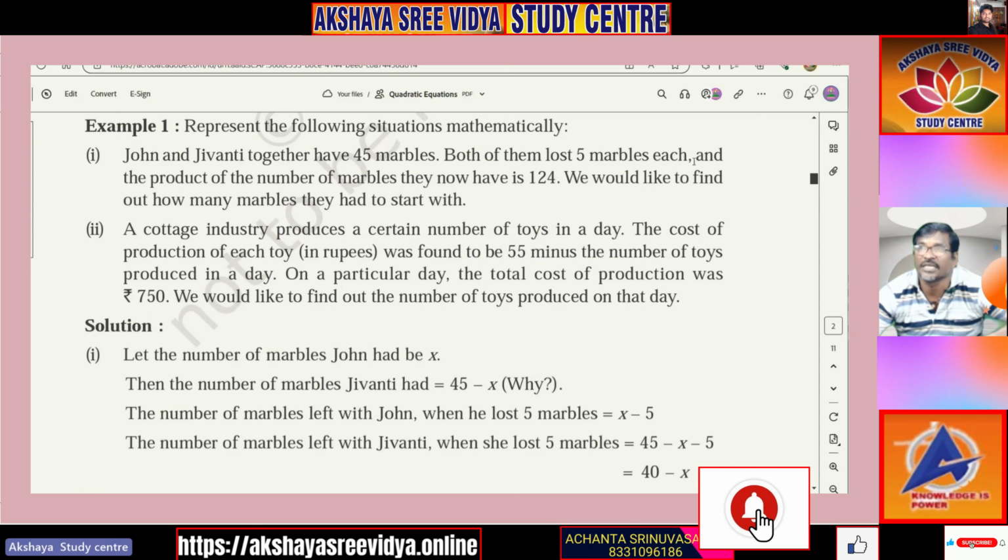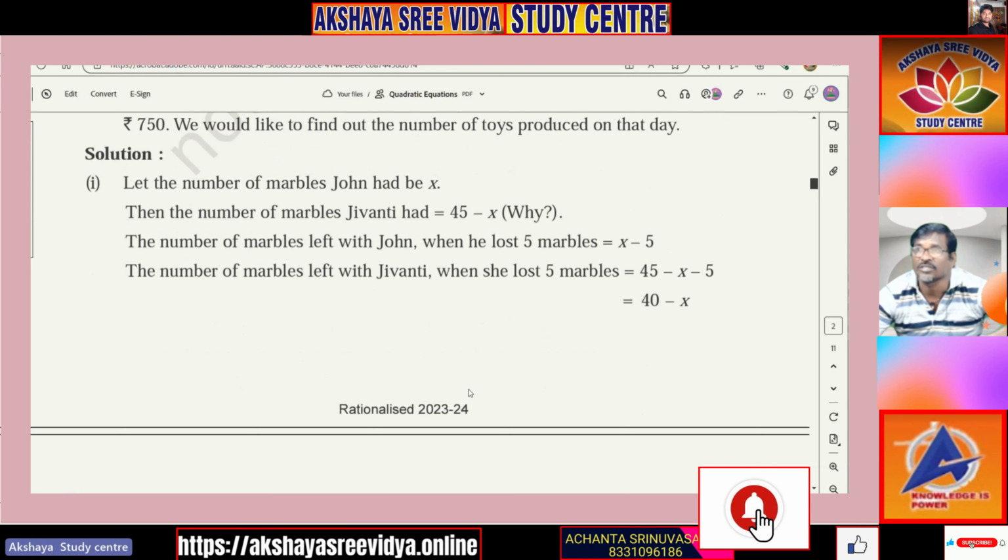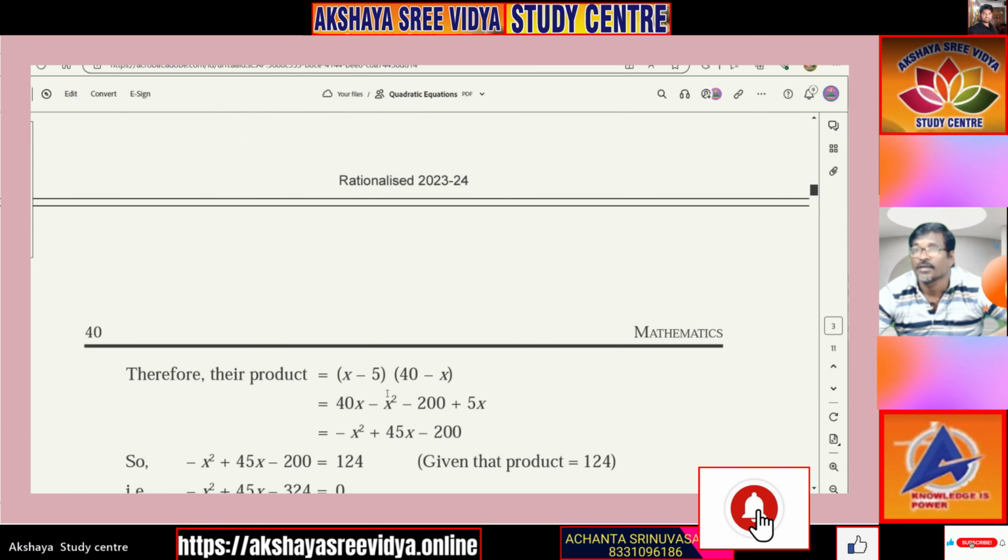After losing 5 marbles, their product of the number of marbles is 124. So x minus 5 times 40 minus x is 40x minus x square minus 200 plus 5x.